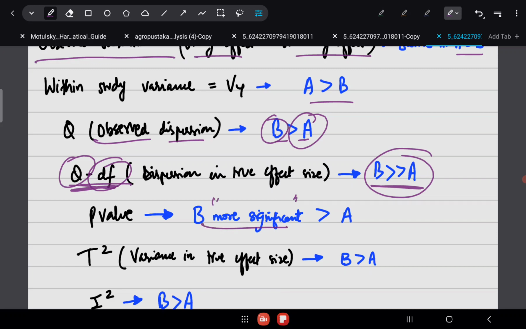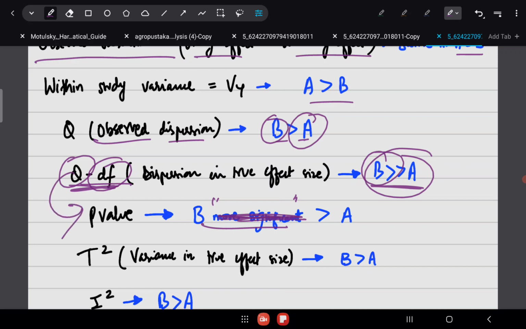Okay, and there is no such thing as more significant or less significant. Either you cross the threshold or you don't cross the threshold, but I've just written this to show that more significant means it will be closer to 0. So don't think of it as more or less significant, think of it as which one's p-value will be closer to 0. Because there is more dispersion, the Q minus DF excess dispersion is more for B than for A, and the test for heterogeneity is based on this statistic only.